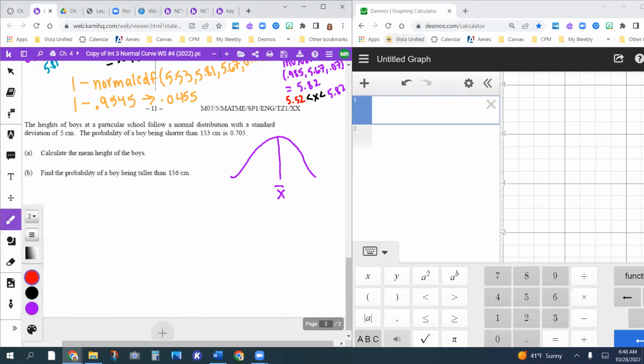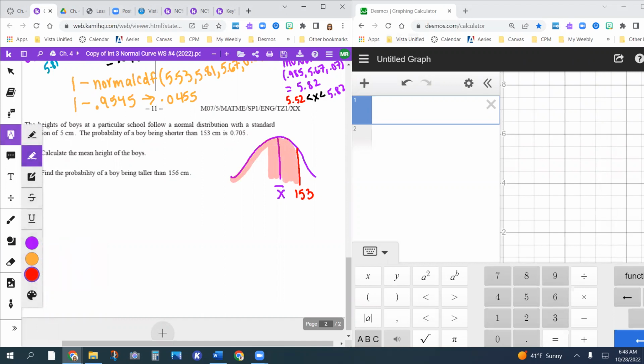So I know that at 153, this area is going to be 0.075.